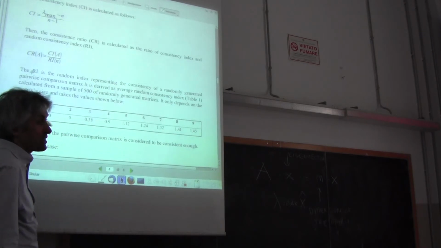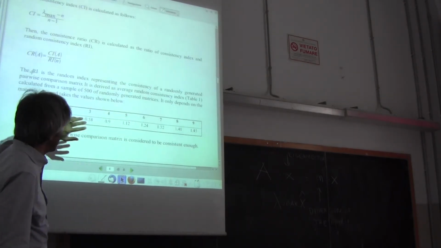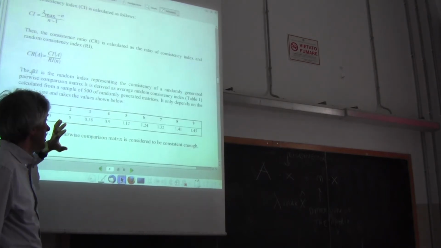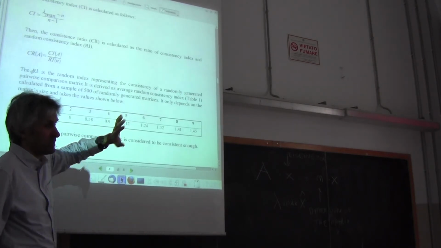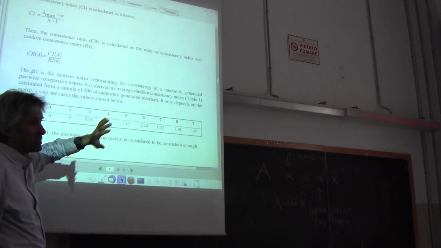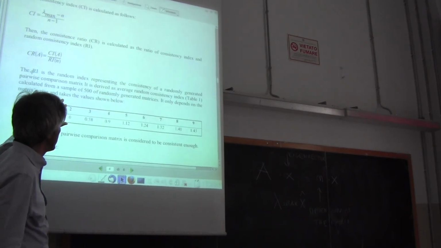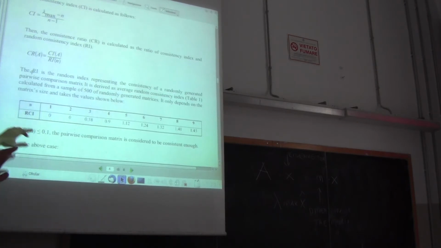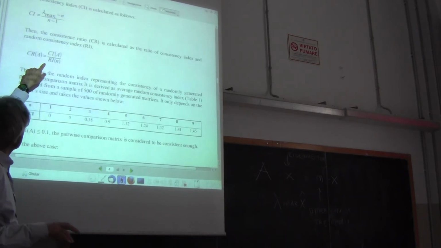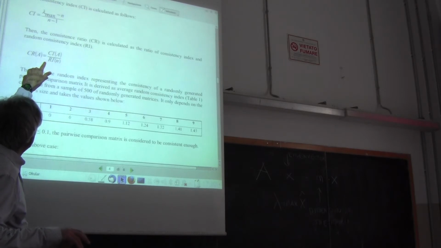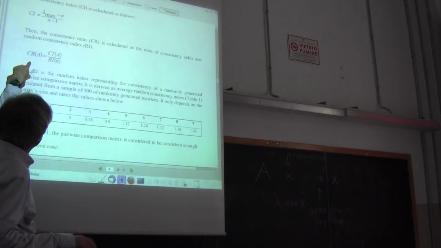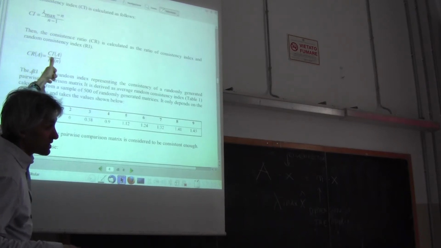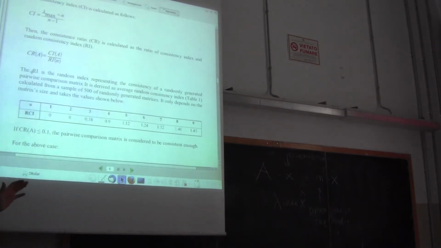And basically, you obtain this target by dividing the Ci by a reference value which only depends on the size of the matrix and is given by this table. And just read the description of how this table is computed. Basically, it's a reference value that is given in the form of a table, and for me it's just enough that you remember that it's a reference value that depends only on the size of the matrix, and it can be used to make the consistency index independent of the size of the matrix itself.